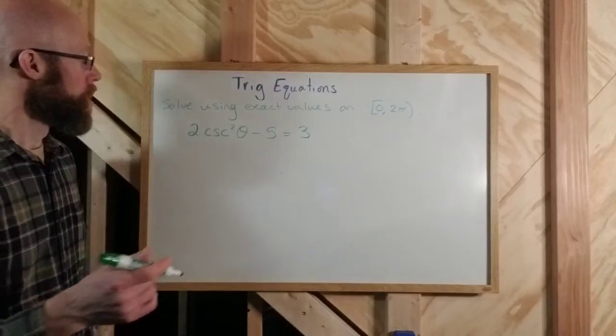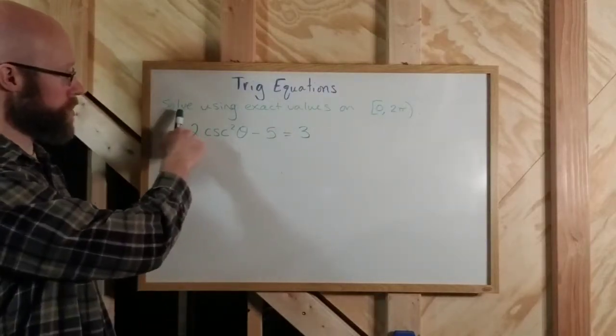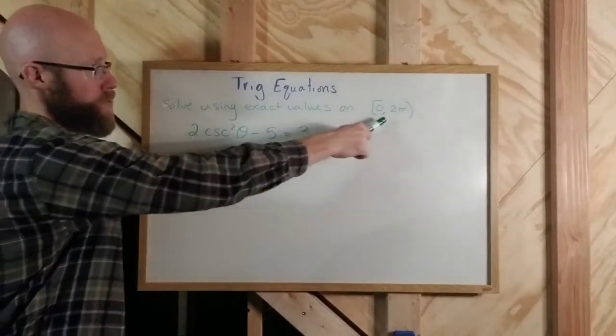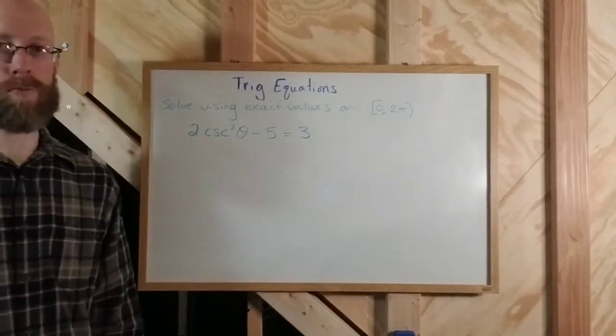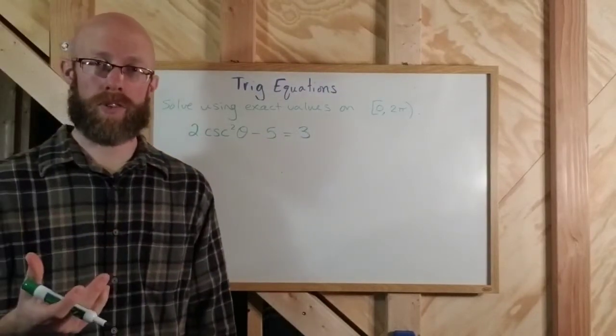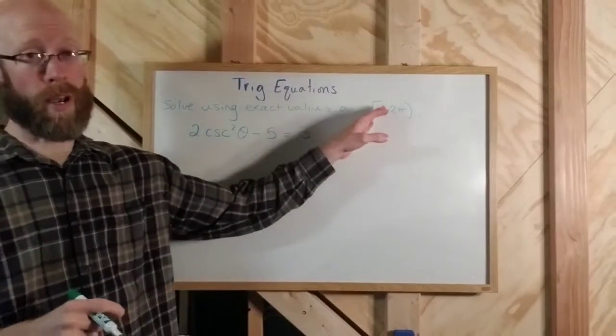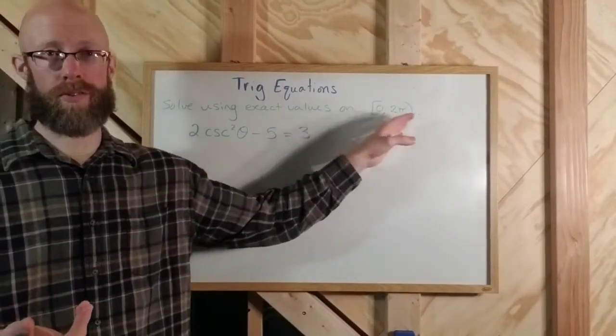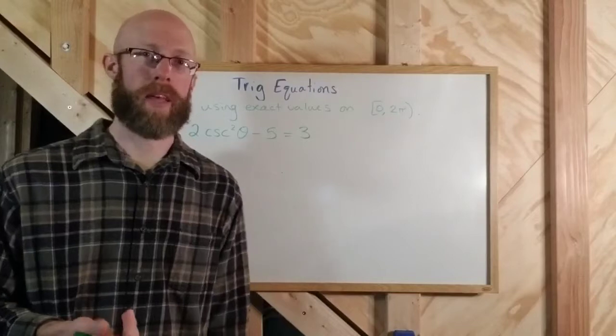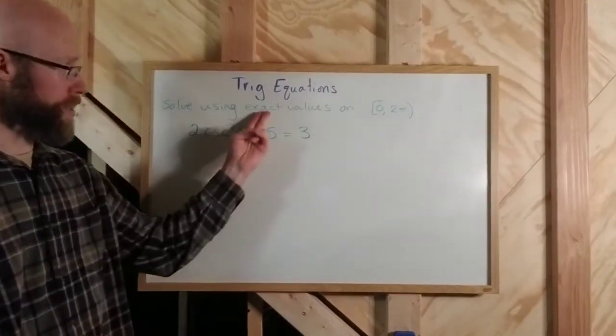All right. So the instructions say solve using exact values on this interval from 0 to 2 pi. That tells us right away that our answer is going to be in radians, right? We don't want degrees here. 0 to 2 pi is clearly radians. And we're going to use exact values.